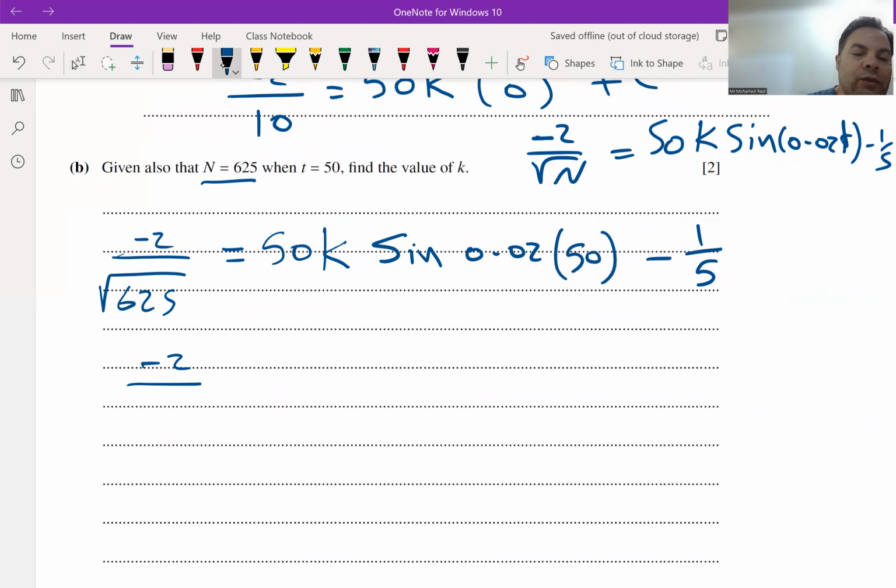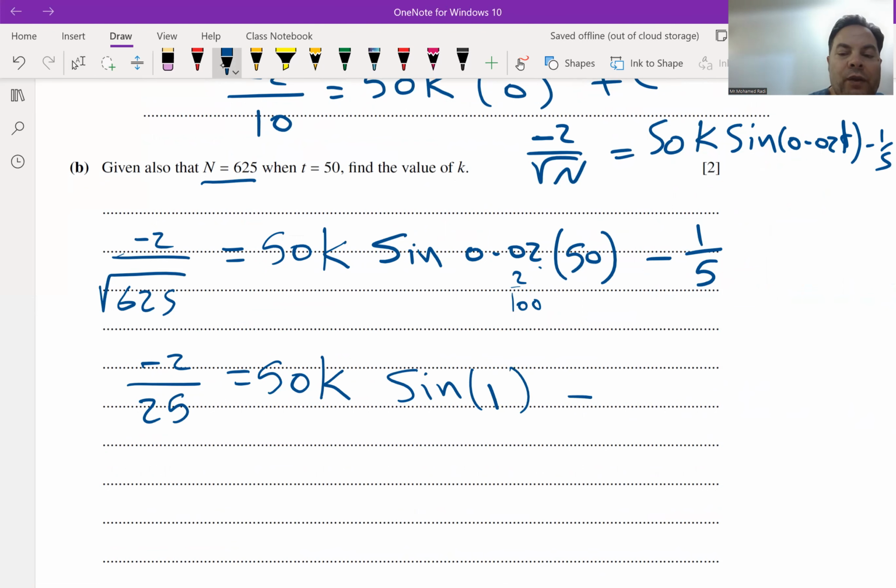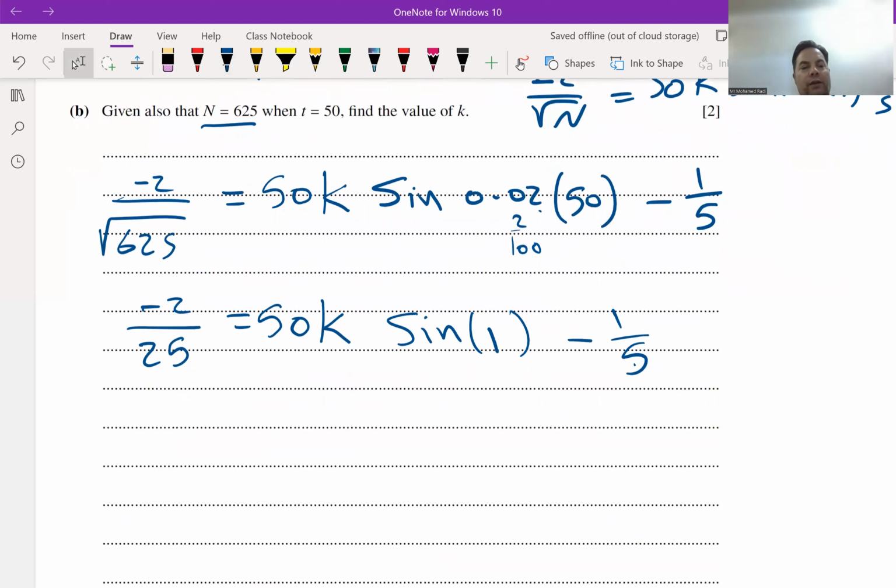When you simplify 0.02 times 50, it's 1, so the answer is sine 1 minus 1 over 5.